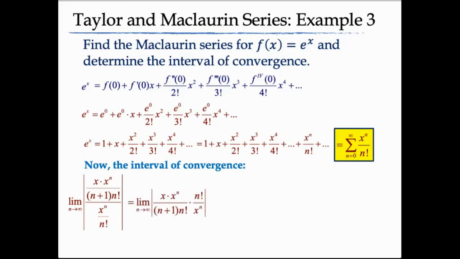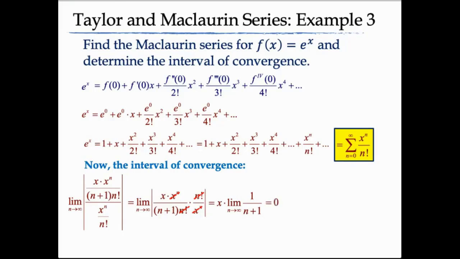I'm going to multiply by the reciprocal and simplify it a little bit. I could cancel my x to the nth powers. I could cancel my n factorials. And so I'm going to factor out my x because that's a constant. And I'm going to evaluate the limit as n goes to infinity of 1 over n plus 1. And you should know this right here is bottom heavy. So the limit as n goes to infinity of 1 over n plus 1 is 0.